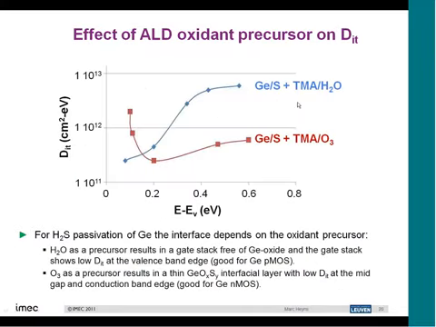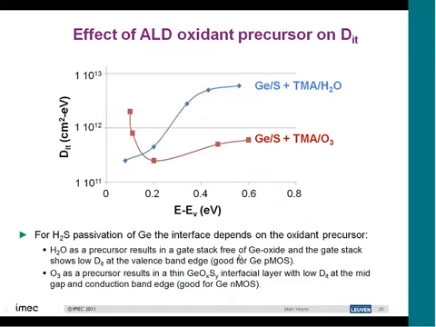So we can do similar things in our ALD tool, and there we do find some pretty interesting results. We see that the DIT level, again as a function of the band gap, depends very strongly on the precursor that we use. So this is aluminum oxide, deposited with either water or ozone as a precursor, and we see that the DIT profile is clearly different.